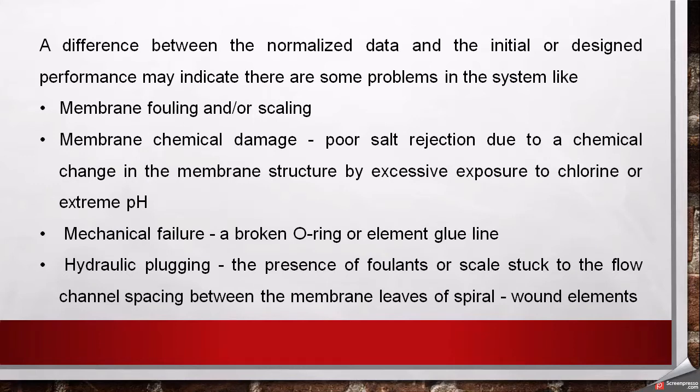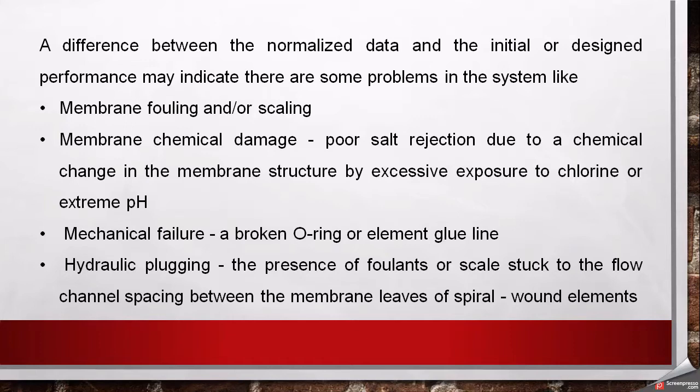A difference between the normalized data and the initial or design performance basically indicates that there is some problem in the system. When we record initial or design data and, after normalization of these data, there is a big change or a change is going on, then there is some problem in the reverse osmosis system or its membrane.